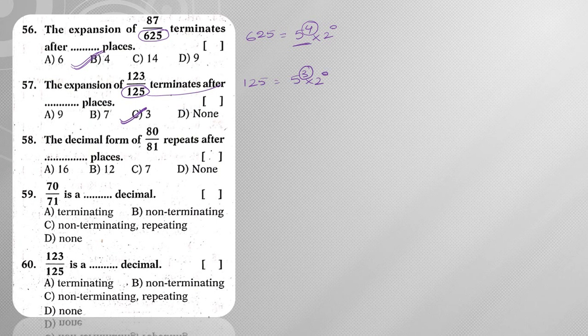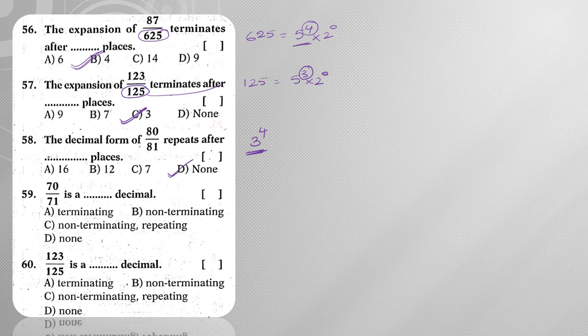Next, 80 by 81. So the decimal form of 80 by 81. If you observe carefully, the denominator contains 3 power 4. So it does not have the prime factors 2 and 5, and we have 3 as a prime factor in the denominator.